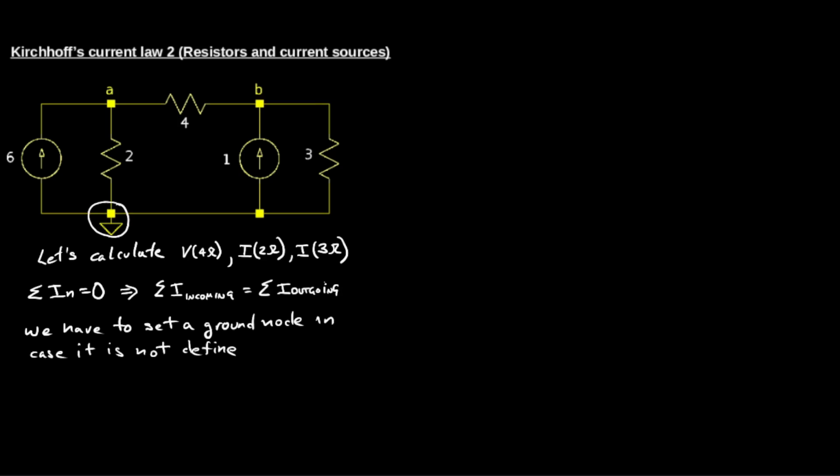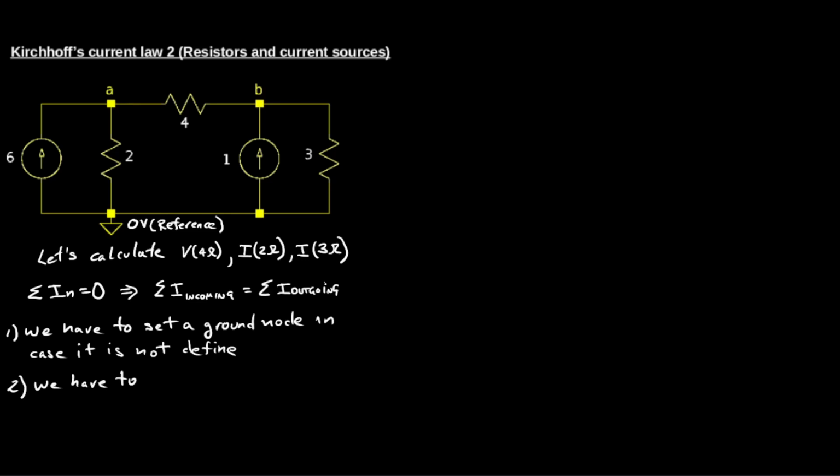In this case it is set there. I'm going to keep it there, and as this is my reference node, this is my 0 volt node. So all the voltages in my circuit are going to be referenced with respect to this node, to ground.